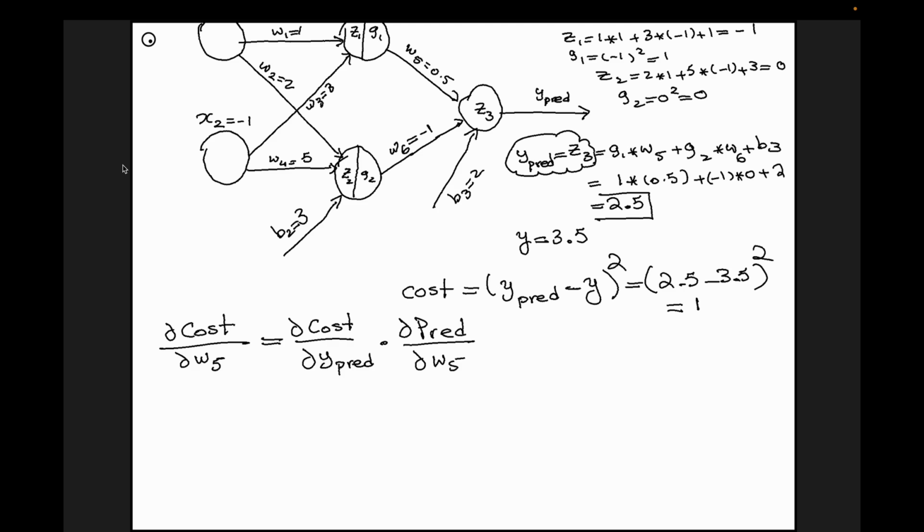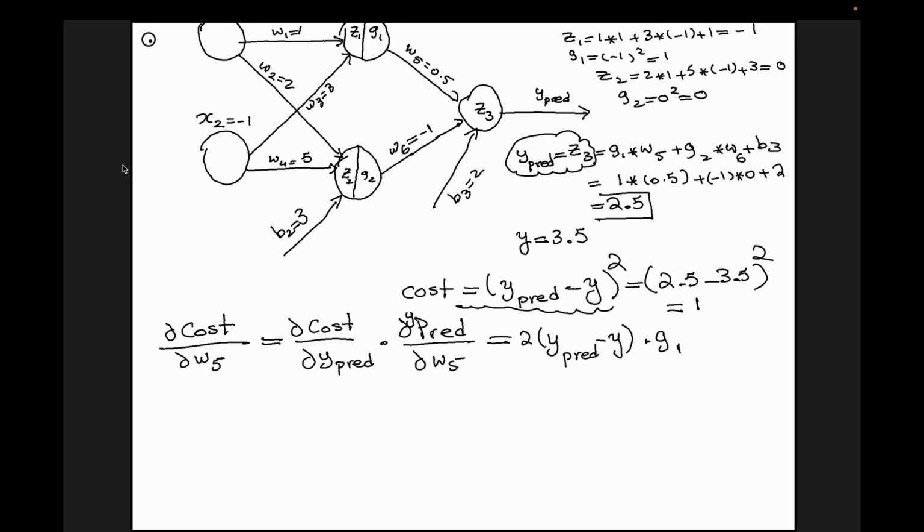So these are equivalent. What is the partial derivative of cost? This is our cost function over our prediction. That's a quadratic function, very, very simple. So that's 2 times y prediction minus y, times the partial derivative of y prediction with respect to W5, which is G1.